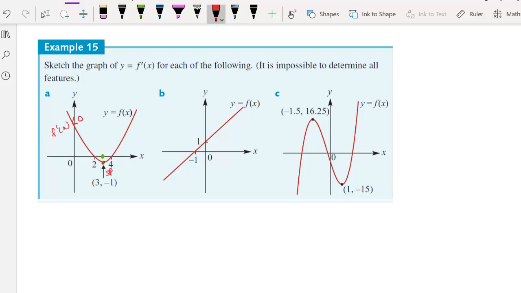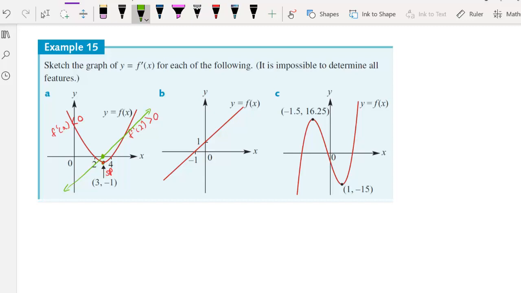And over here, we've got a positive gradient. f'(x) is greater than 0. So really, it's just a matter of realizing that we've got a negative gradient, a positive gradient, and we end up with a straight line function in this case.